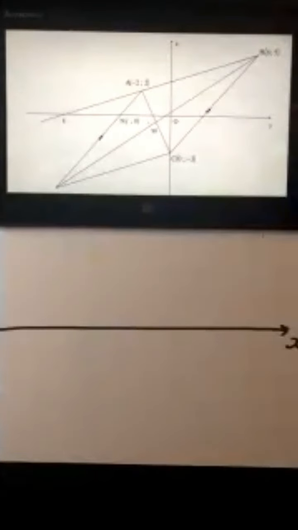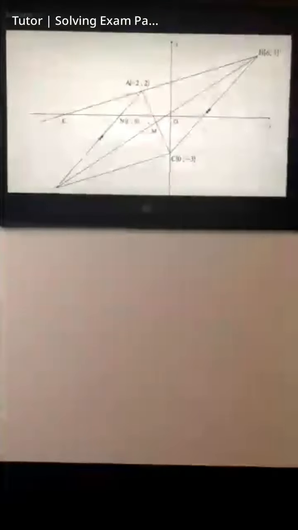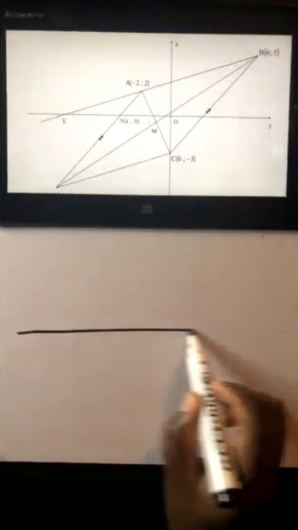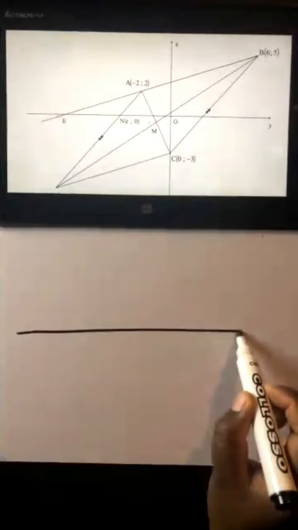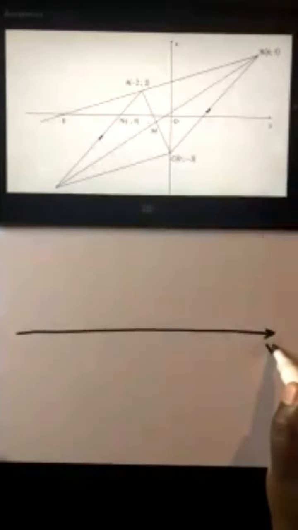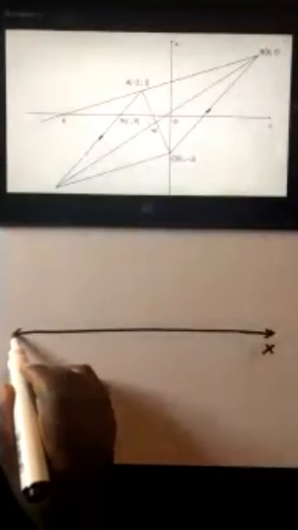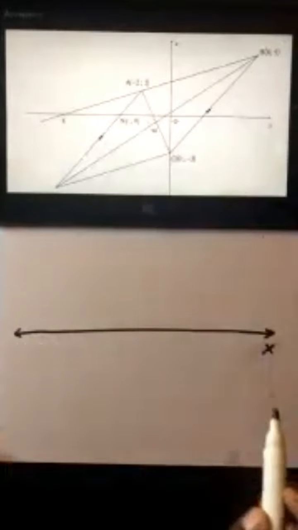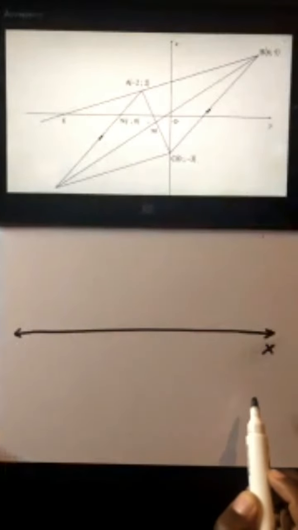Is it appearing on the screen? Otherwise, I'll make it a bit shorter, so that everyone is able to see. Let me make that horizontal line up to somewhere there and say this is the x-axis.